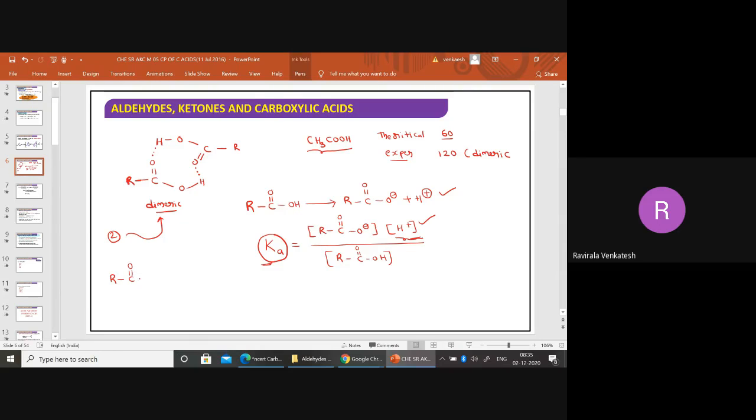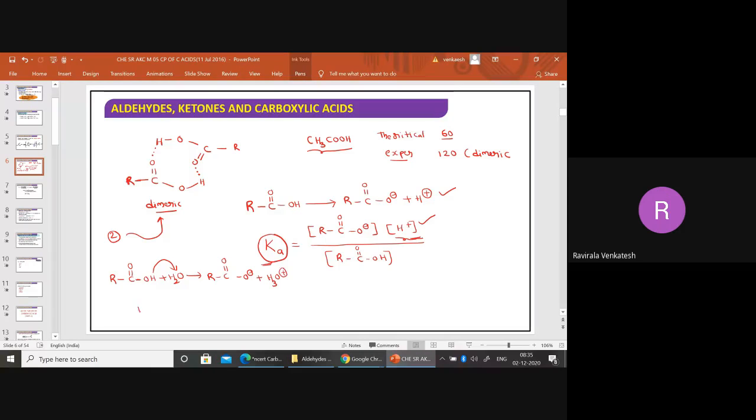I will show you. R C double bond OH, reacting with water, H2O, that means H plus only, to give R C double bond O minus plus, this is taking H plus from here, so you are going to get H3O plus.